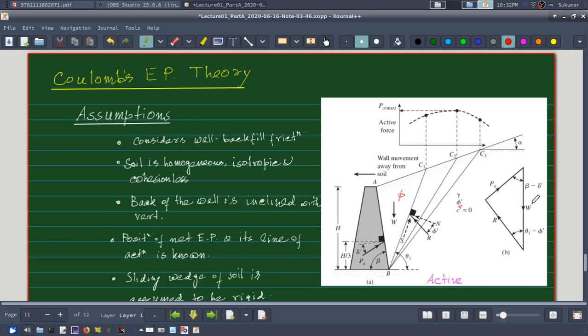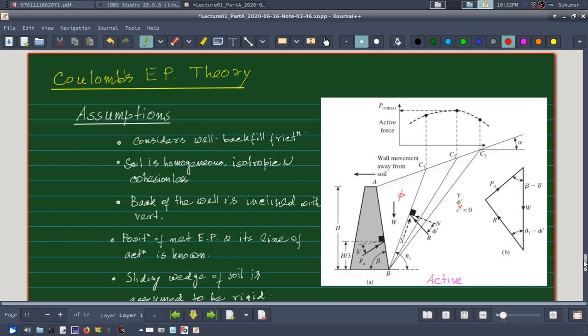It will change only the weight in the force triangle. Okay, and therefore the solution can be easily obtained both for inclined backfill and horizontal backfill. Okay, and that is how we can find out the active earth pressure using Coulomb's theory.